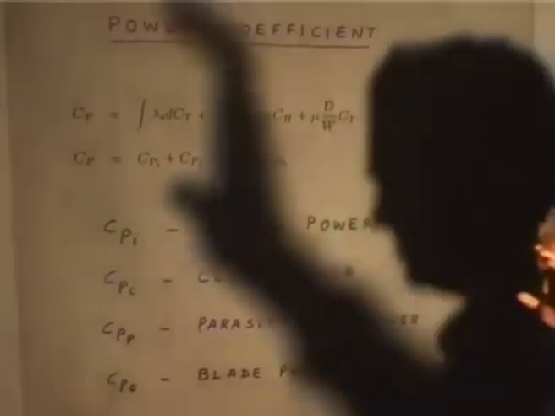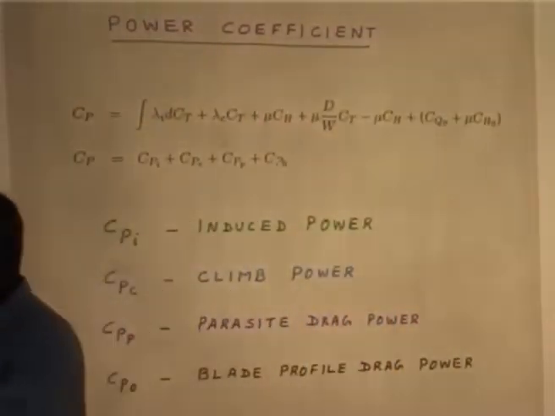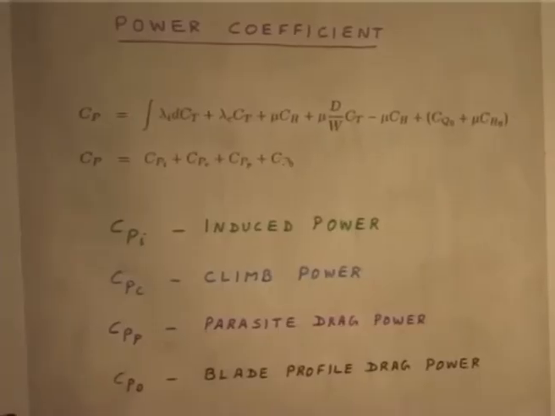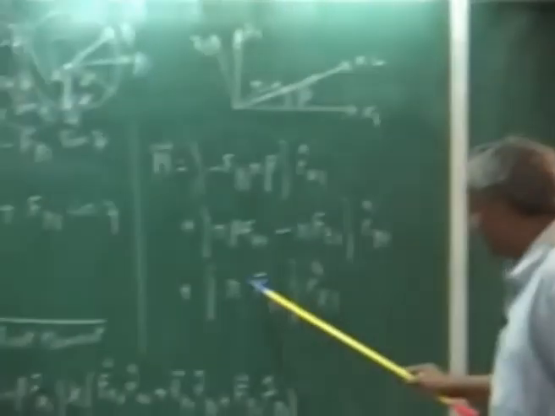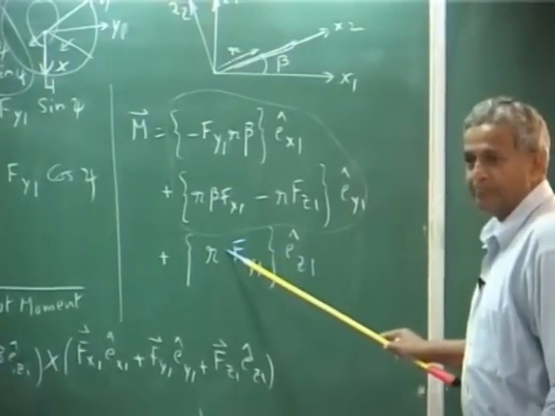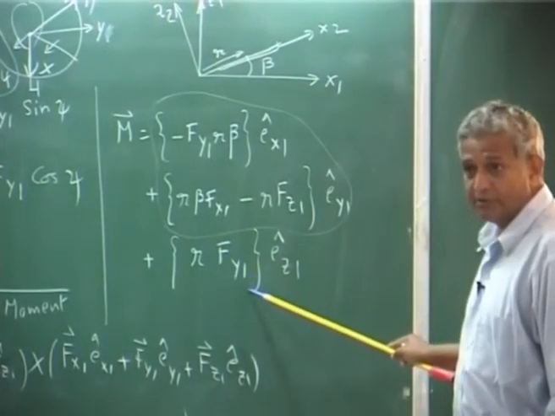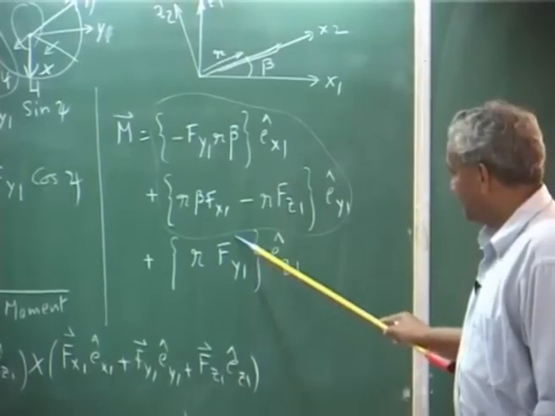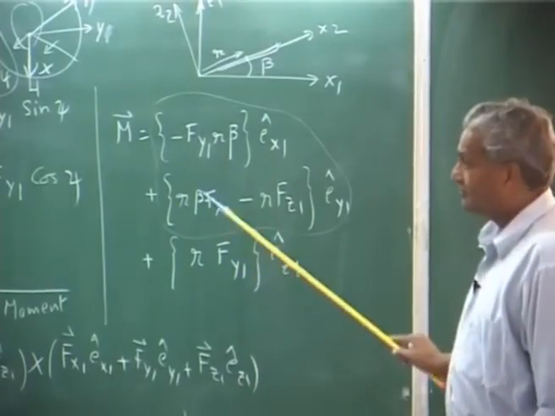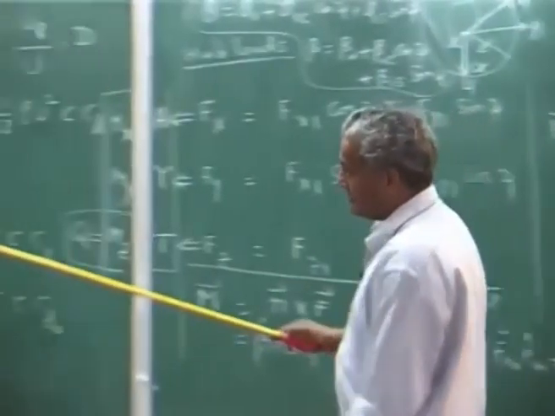the main rotor torque, which I convert to power because it is main rotor power. Now I split that term. Basically what I will be doing is this Fy1, because this is the torque, R Fy1, and this Fy1 I have here.